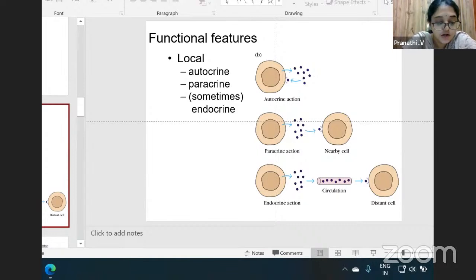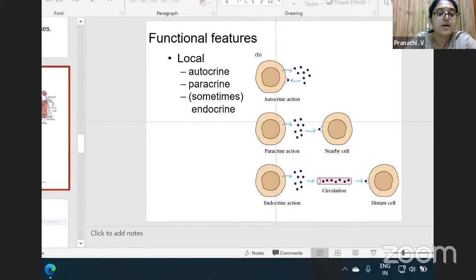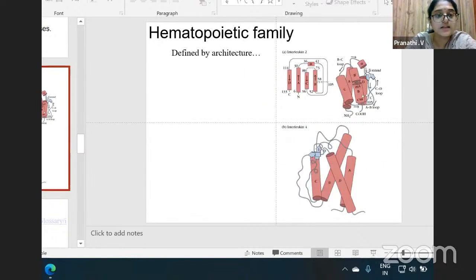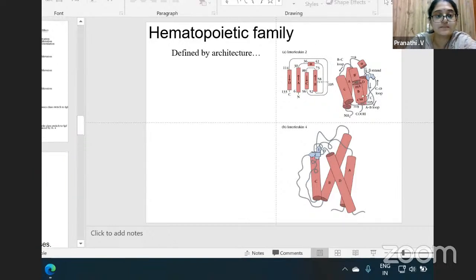So when it comes to the biological functions of the cytokines, they help in the regulation of hematopoiesis, healing of wounds, induction of inflammatory responses, stimulation of development of cell and humoral responses, and control of cellular proliferation and differentiation.